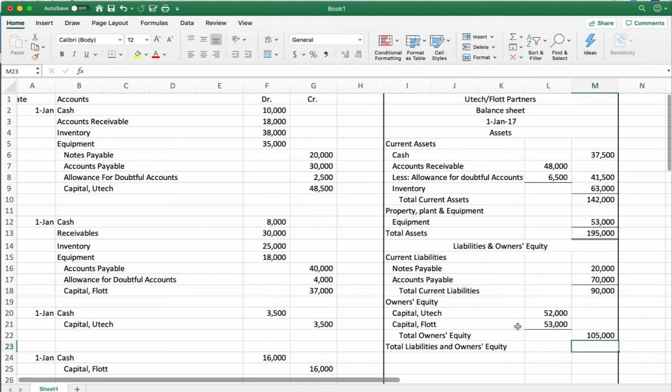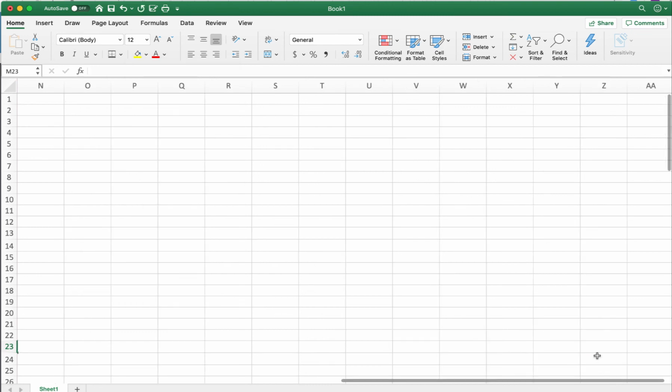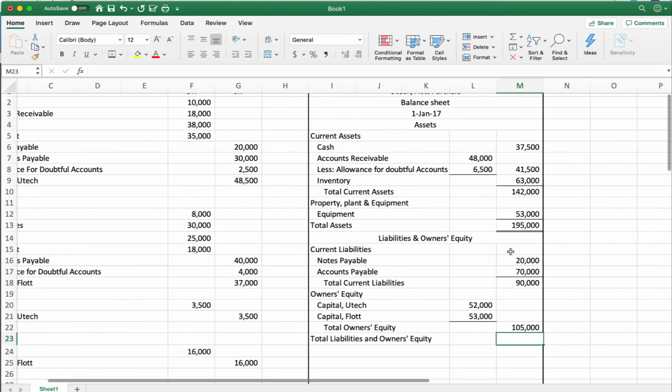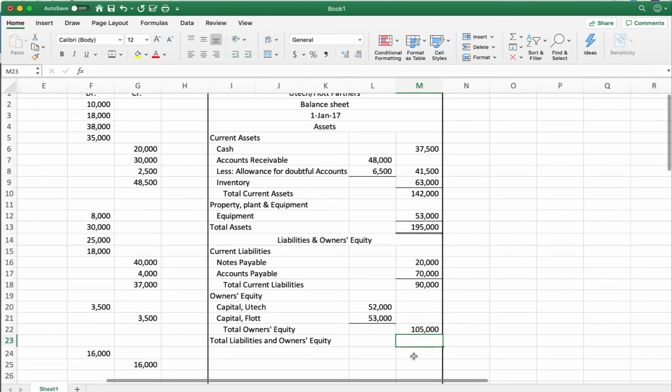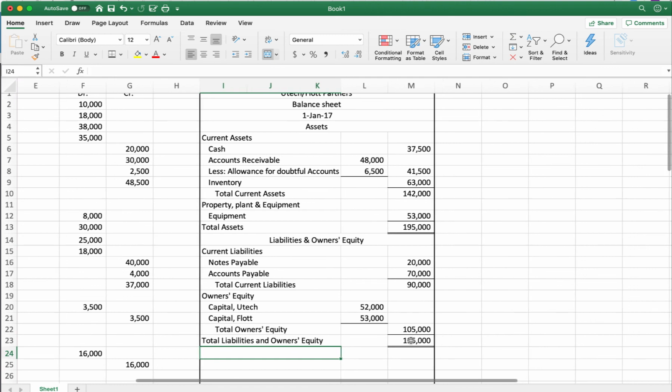And again, I'm going to foot this section right here with a top and double bottom border. Okay, so now I'm going to add my total current liabilities to my total owner's equity, and I get $195,000. This is correct.